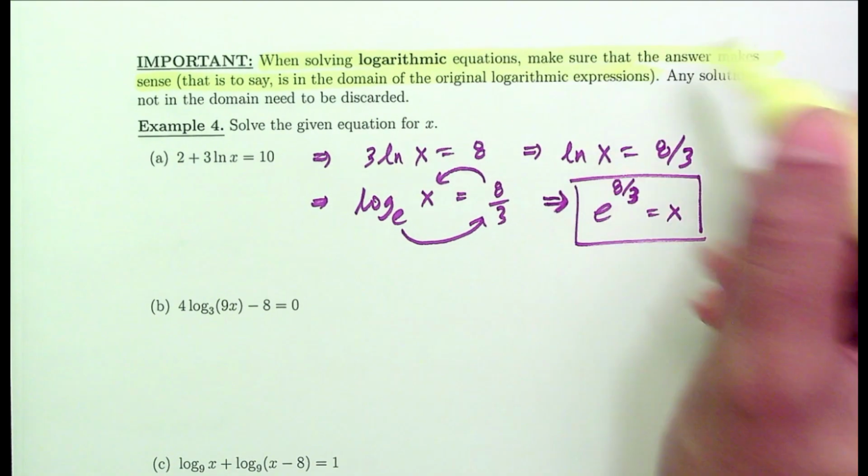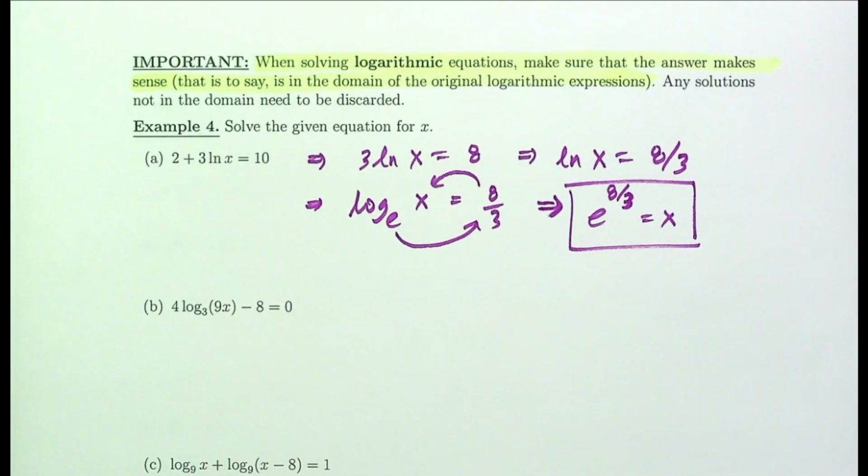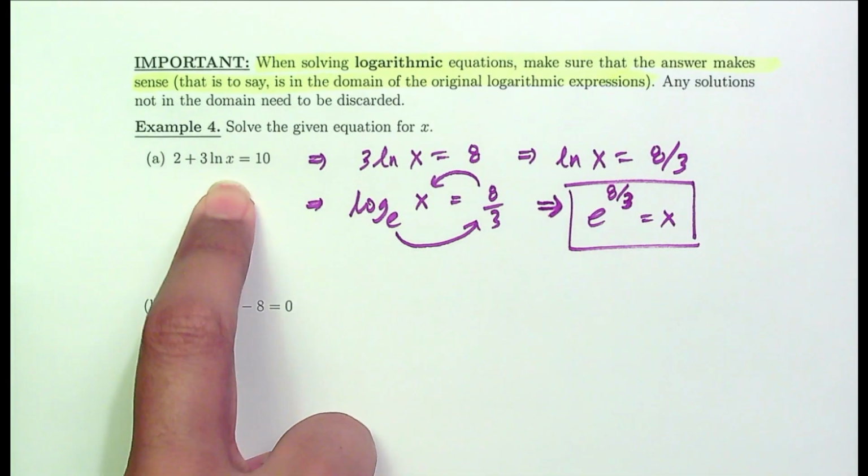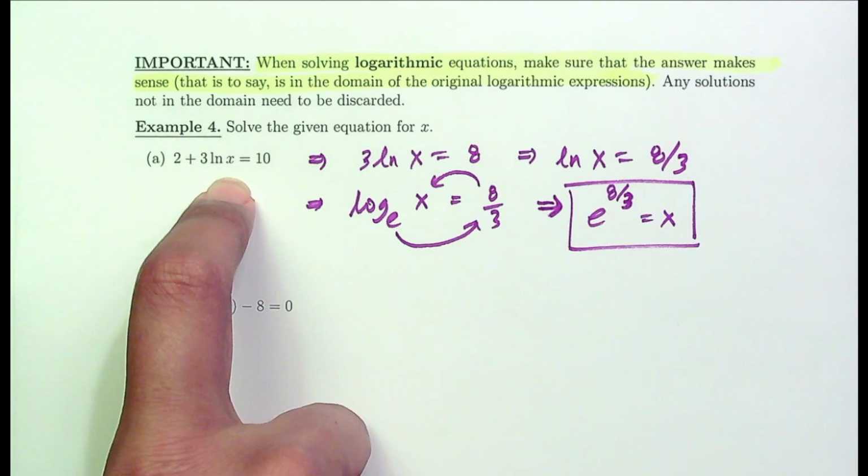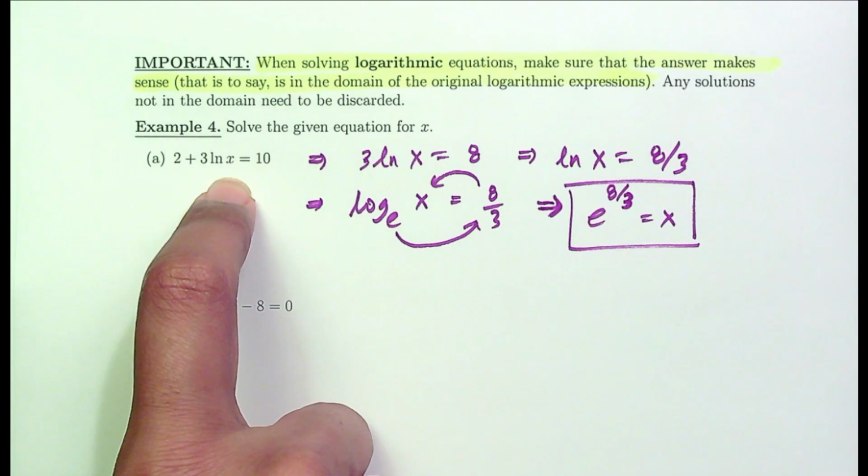Remember that the domain of a logarithmic function is positive numbers only. So if I had x equals -1, I couldn't plug that in there because ln of -1 doesn't make any sense. I cannot plug a negative number inside a logarithm.